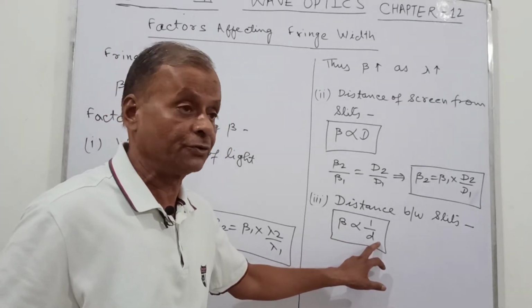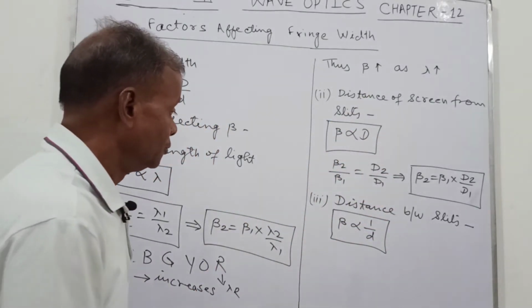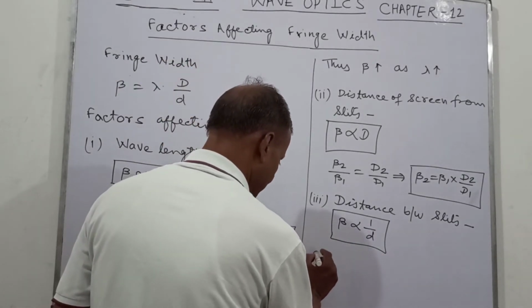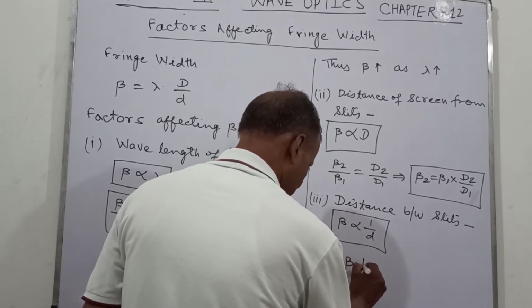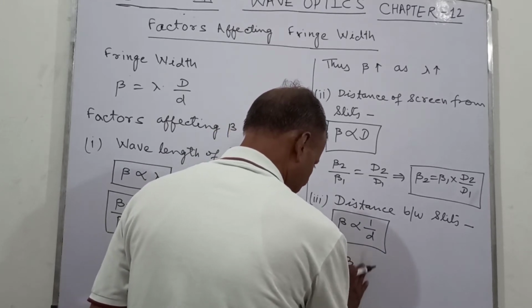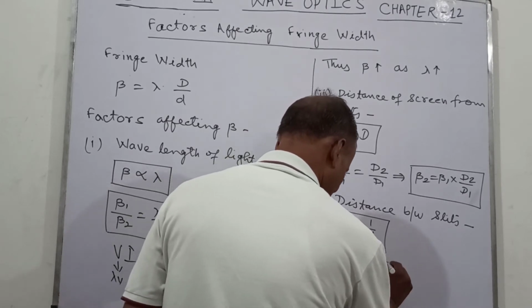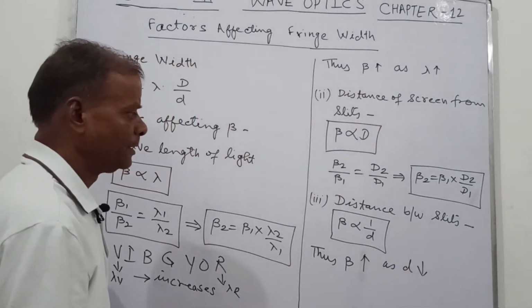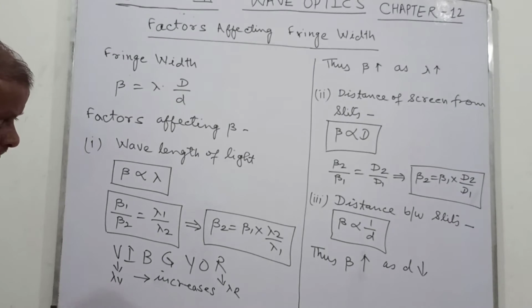So this is just opposite of these two parameters. So we can have that beta increases as d decreases. So now we can have a graph showing this variation.